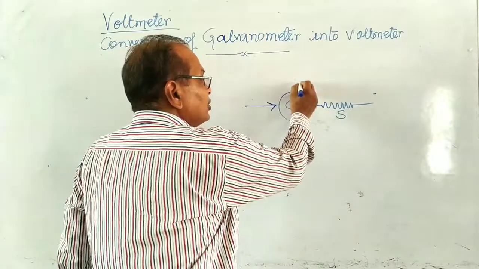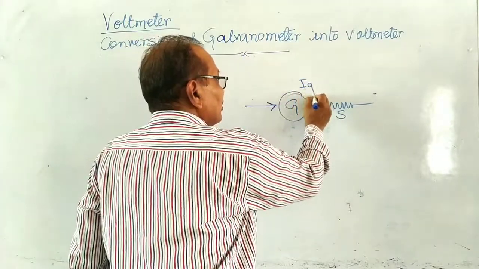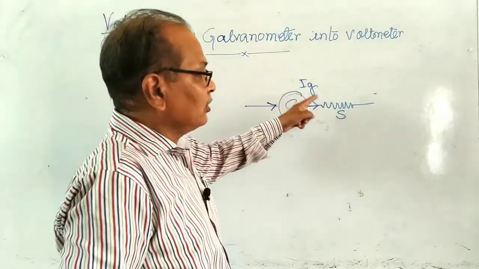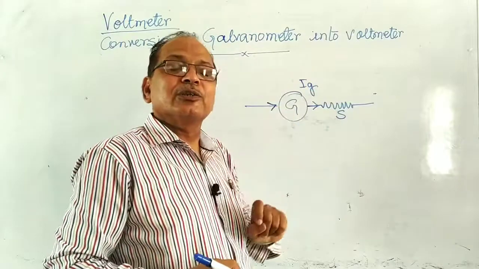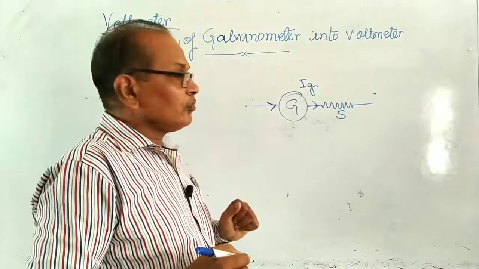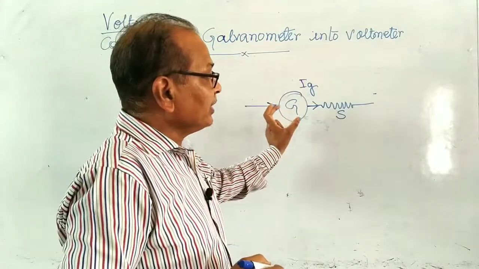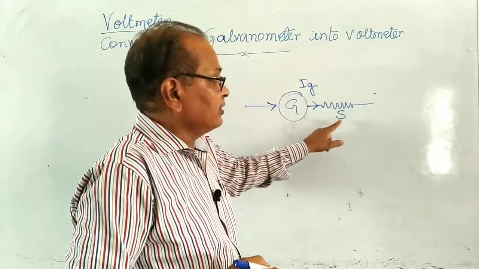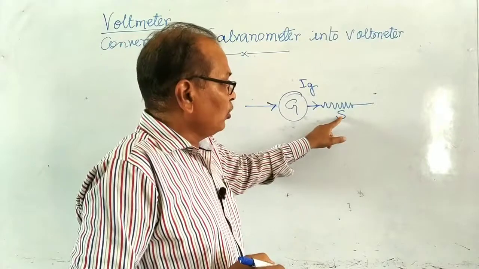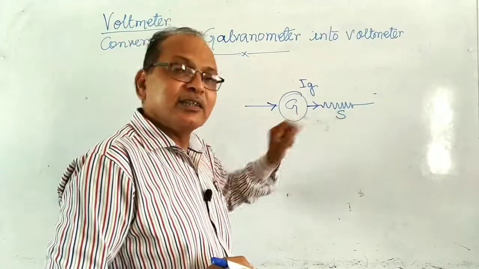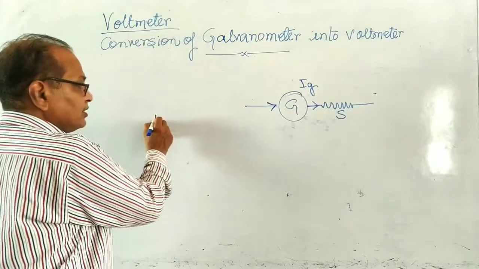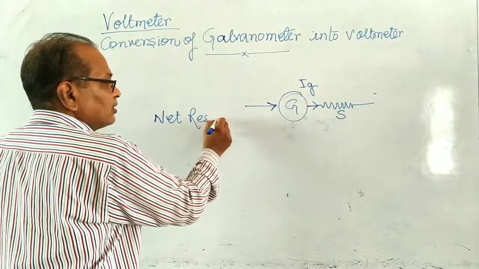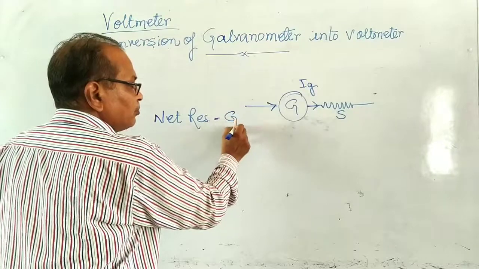Let Ig be the current that passes through the galvanometer, and that particular current is also passing through the shunt. So, what is the net resistance? G is the resistance of the galvanometer, S is the resistance of the shunt. Both are in series. So, net resistance is G plus S.